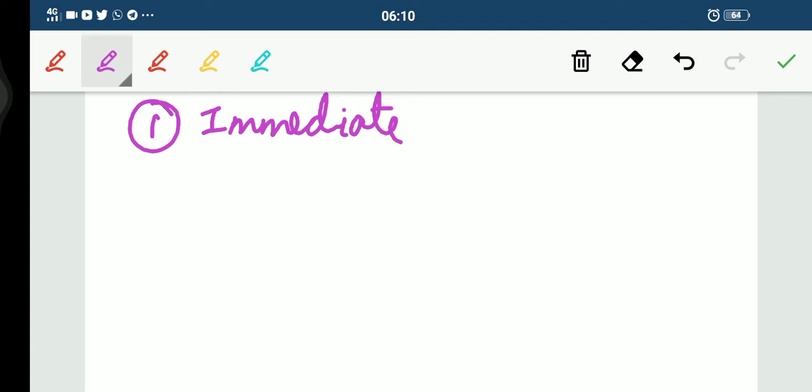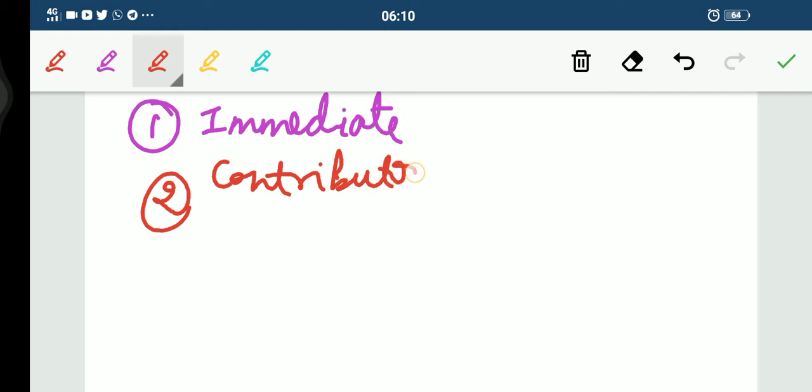And the second one is contributory cause. Fine. So what is an immediate cause?